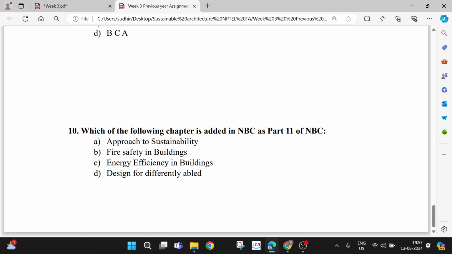Yes, sir. You will have to solve the questions in your rough sheets or paper, but most of the answers will be the objective ones only. Is it clear? Okay, thank you.